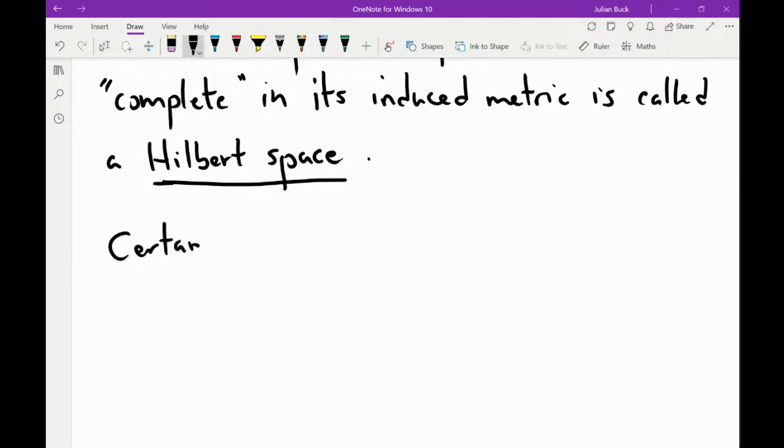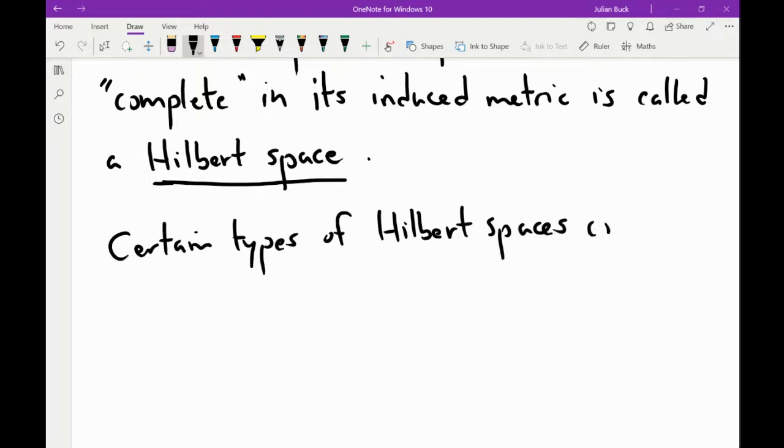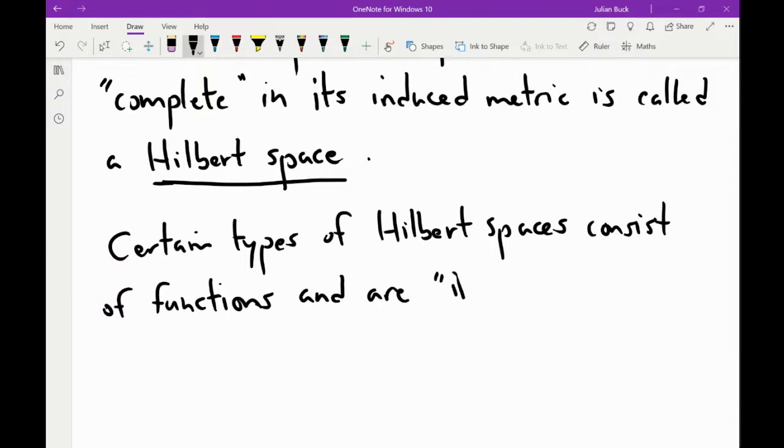So certain types of Hilbert spaces consist of functions and are induced, in a sense that I won't get into, by these kernel functions.